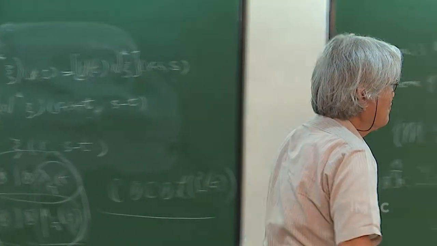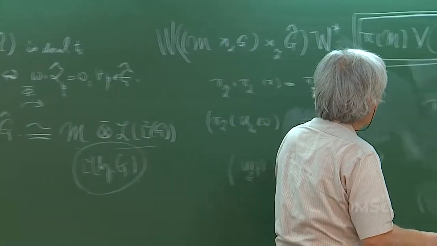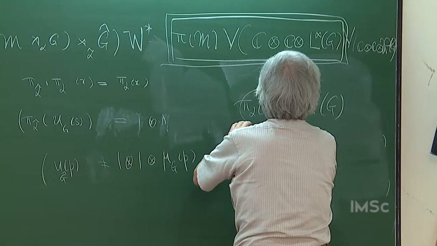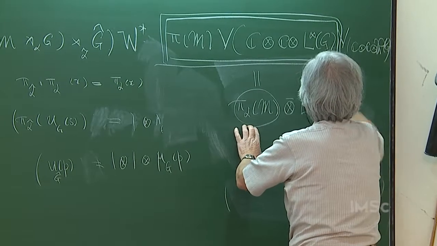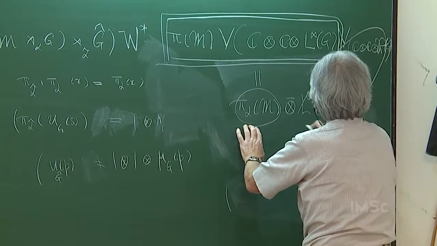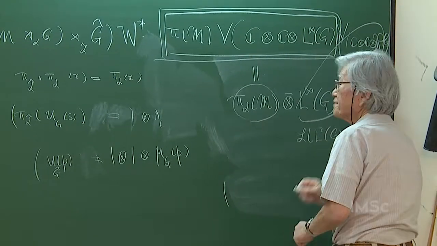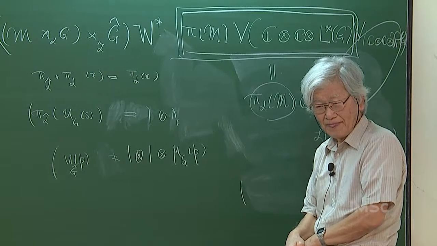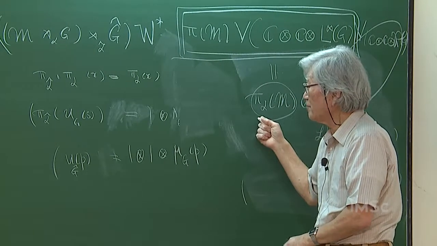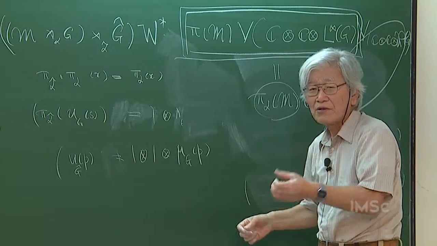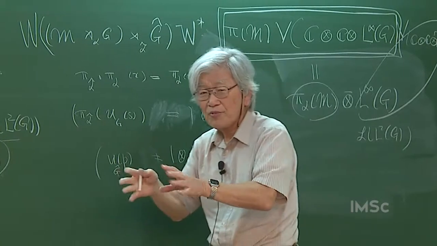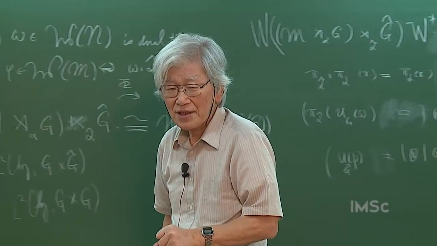Then, if this happens, then pi alpha of m, and this and that generate L2 of G. And the pi alpha of m is sitting on that three-component Hilbert space.